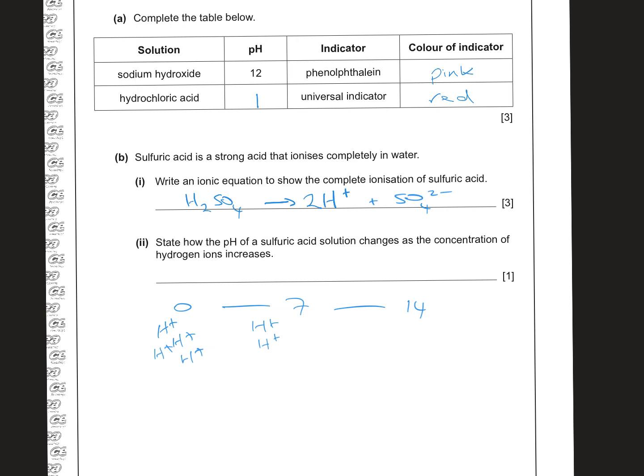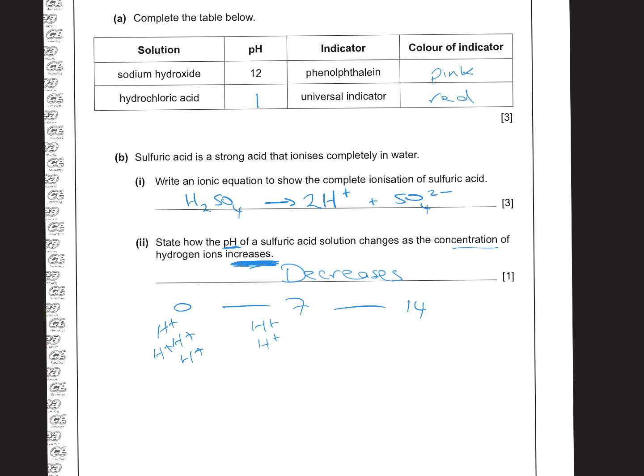So going back to the question then, what happens to the pH as the concentration of the hydrogen ions increases? Well, you can see here that as the hydrogen ion concentration increases, the pH number decreases. A common mistake there is people think, okay, as the hydrogen ion concentration increases, it becomes a stronger acid, which is correct.